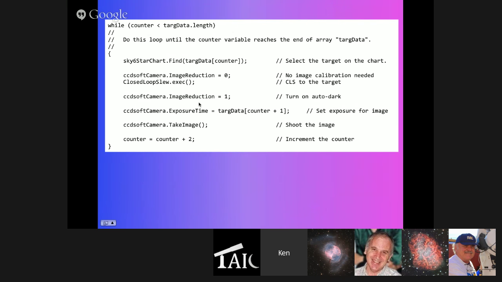The only real difference is that I'm saying go to the target 1, and the exposure is stored in the next part of the array. So I'm using counter, which is 0 in the first run here, and then counter 0 plus 1 is 1, and so that comes up with the exposure. Then I have to increment it by 2 each time, if that makes sense. I should probably go up. No, that's correct, because that's going to weigh in the total number of objects in the array. So that works out well.